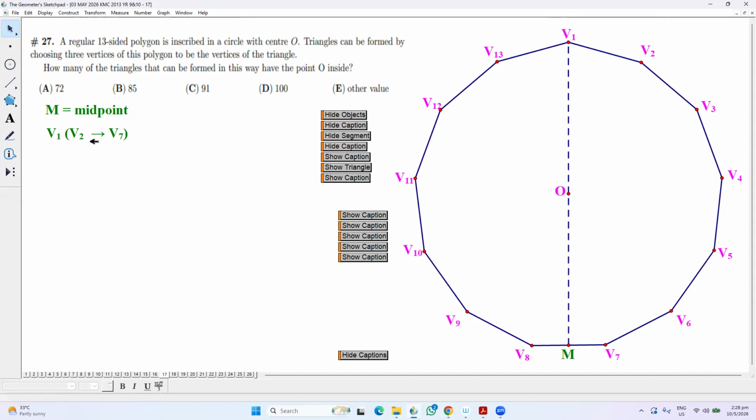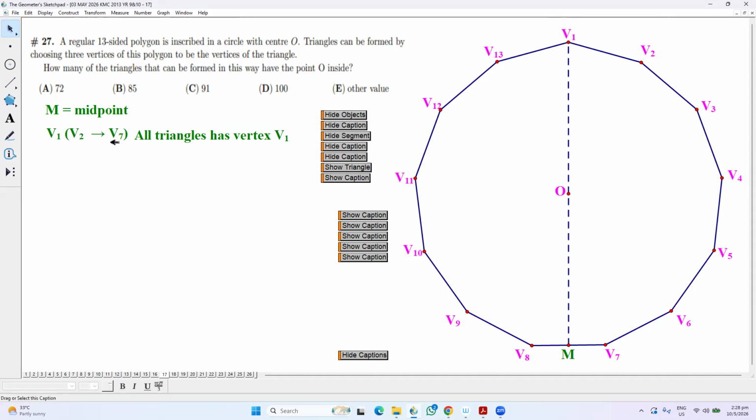Then V2 to V7, that is V2, V3, V4, V5, V6, V7. We choose 2 more. V1 together with 2 more. So 6 choose 2. So all triangles have vertex V1.